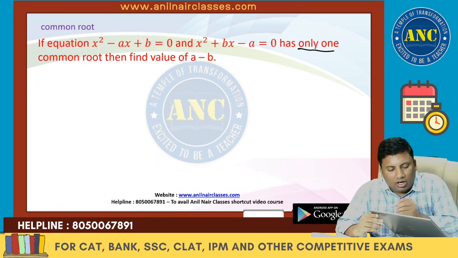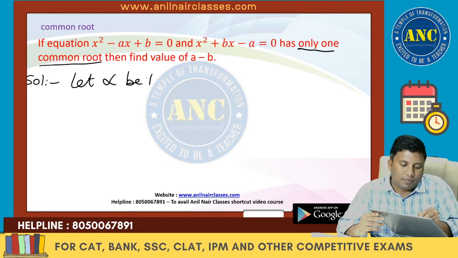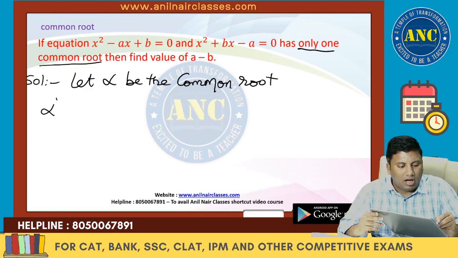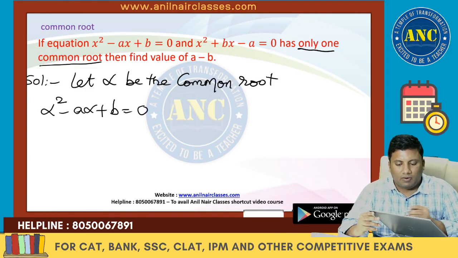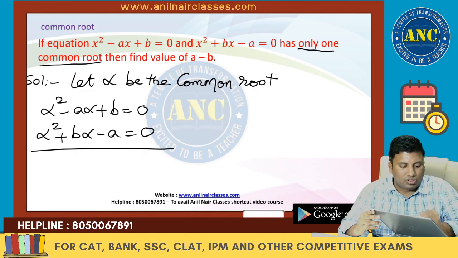Again, the question is on only one common root. Let alpha be the common root. If alpha is the common root, this will become alpha square minus a alpha plus b equivalent to 0. Alpha square plus b alpha minus a equivalent to 0. Minus minus plus.